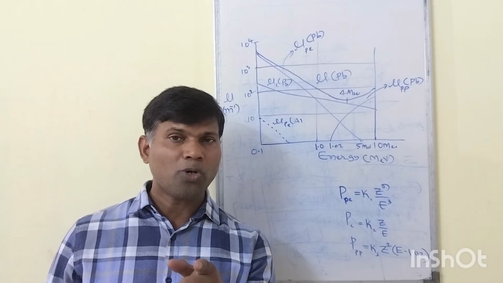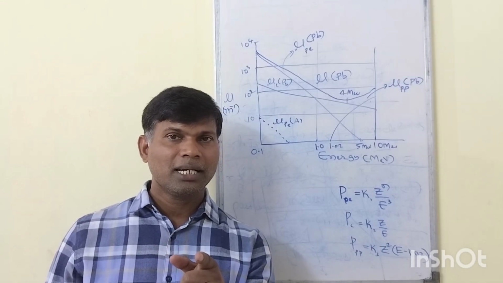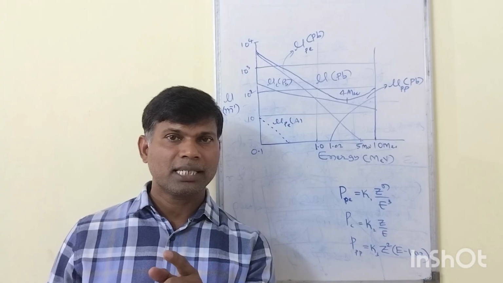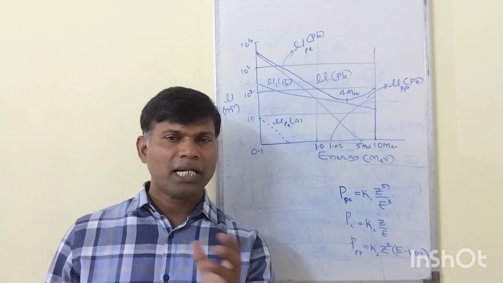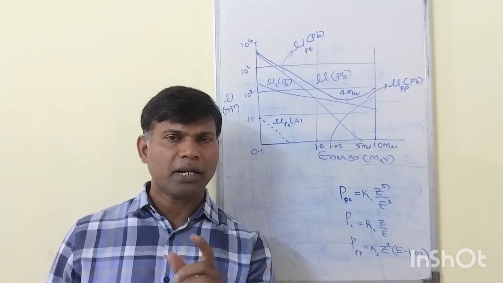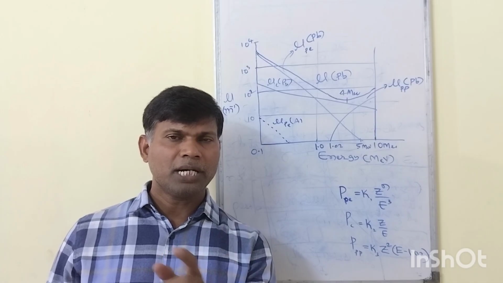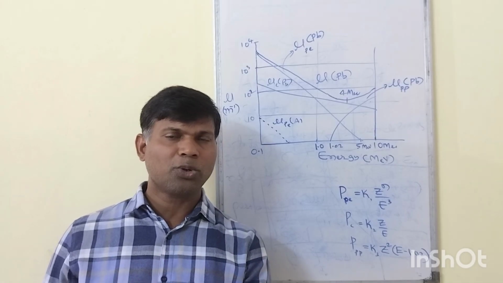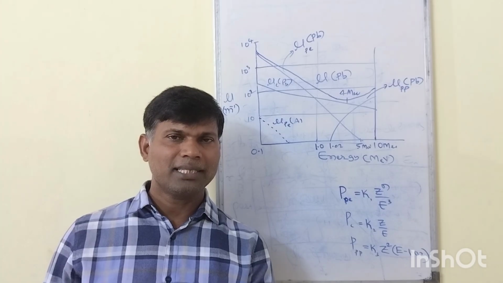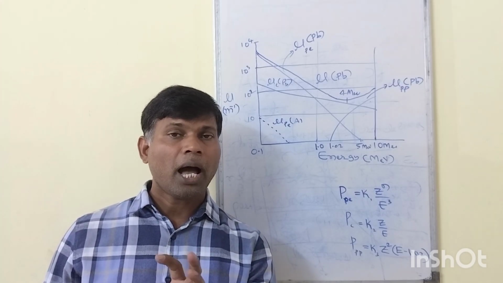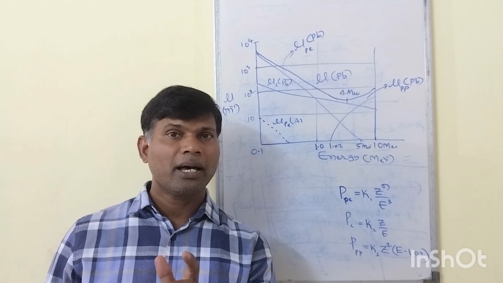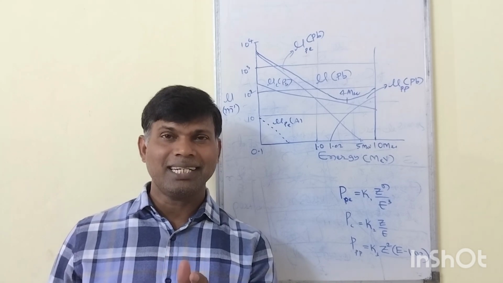Hydrogen atom ground state energy is minus 13.6 electron volt. For hydrogen-like atoms, the energy formula is minus 13.6 into Z square divided by N square. N is the principal quantum number, Z is the atomic number. So higher the atomic number, higher the binding energy.